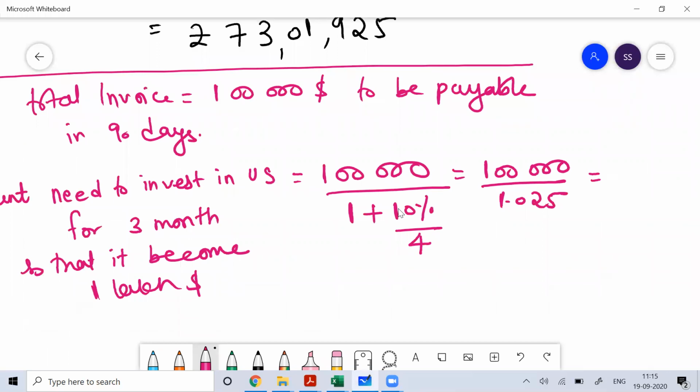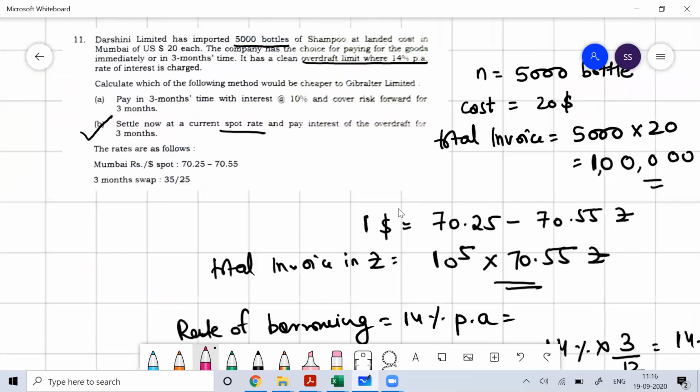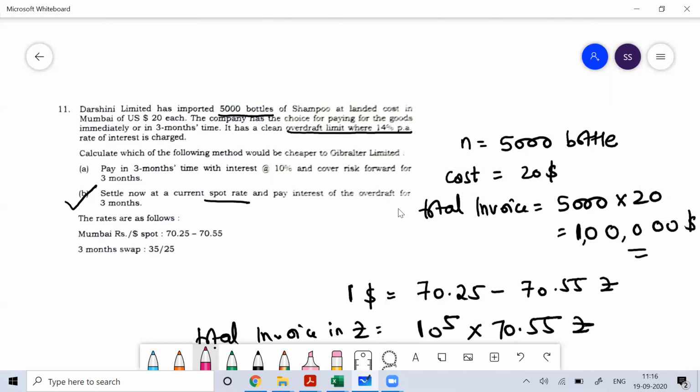So 97,561 dollars. This much they need to invest in the US for 3 months so that it becomes $1 lakh. The 10% per annum is the rate of interest given in the problem, so pay in 3 months' time with 10% interest and cover risk forward for 3 months.